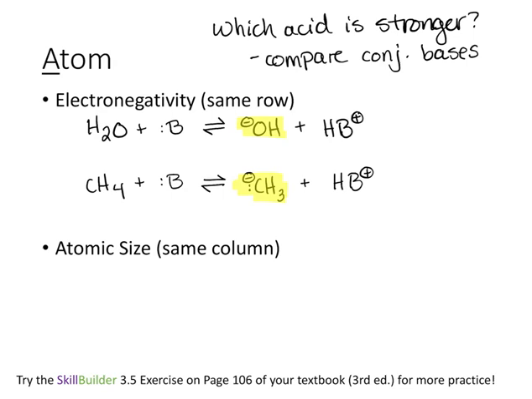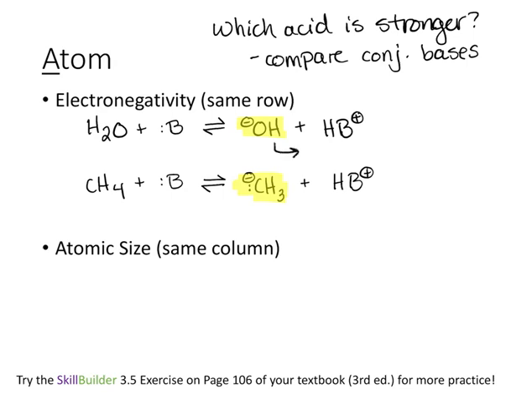All right, so which atom is more electronegative, oxygen or carbon? Oxygen. Oxygen loves electrons more so than carbon. So that means oxygen is much happier with a negative charge than carbon. Carbon would prefer to be neutral.